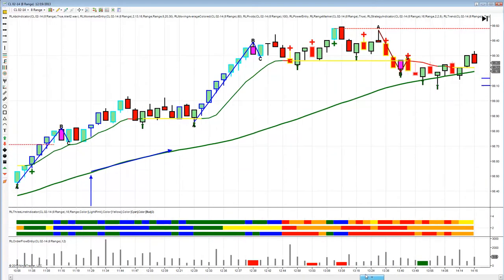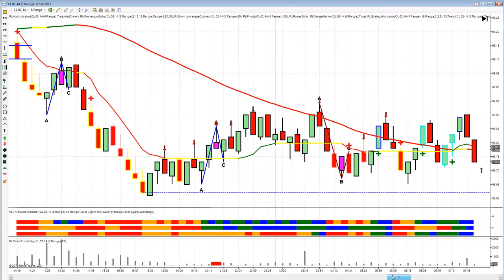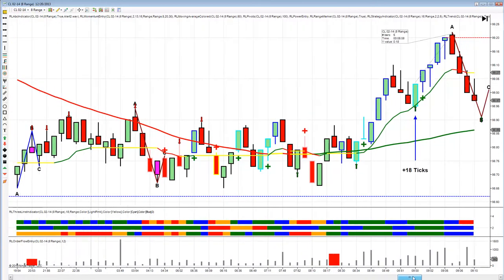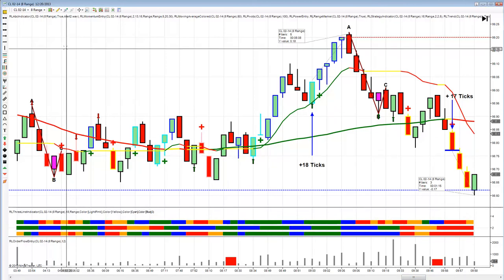Now the strategy entry must be a pullback into a confirmed trend. The 50 or the 15, and here's a really nice one that we took for 18 ticks just a couple of days ago. We have the 50 moving up.